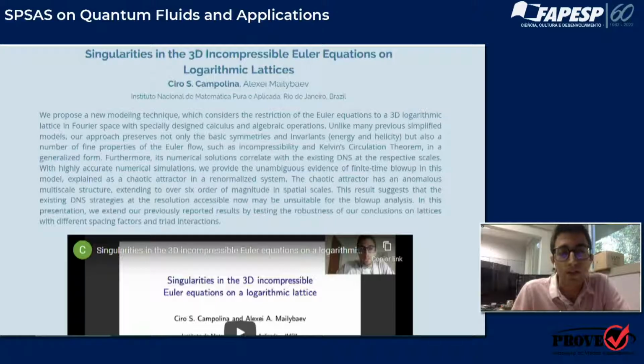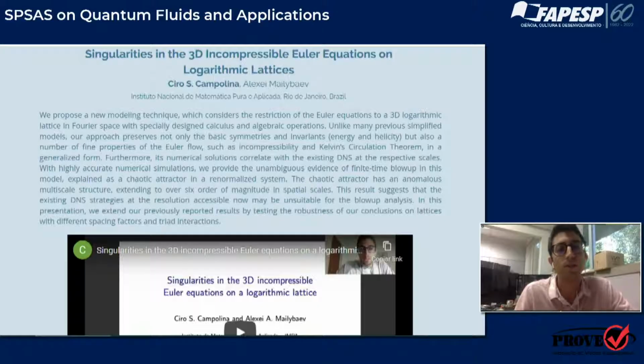There are several studies, for example, using direct numerical simulations around this problem, but most of them are not fully conclusive, especially because the computational power we have today cannot reach the resolution needed to study this problem. So we developed a new technique, because if we want new results, we need new techniques.